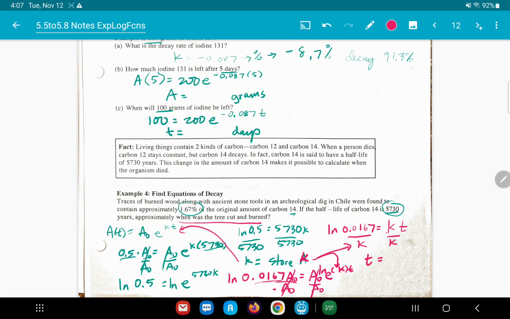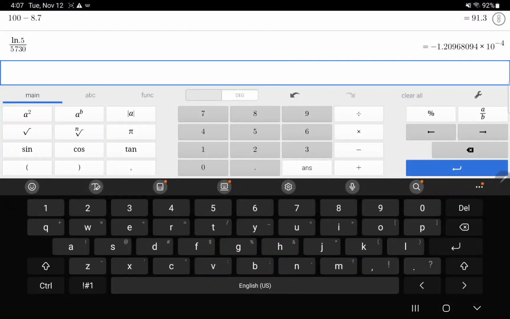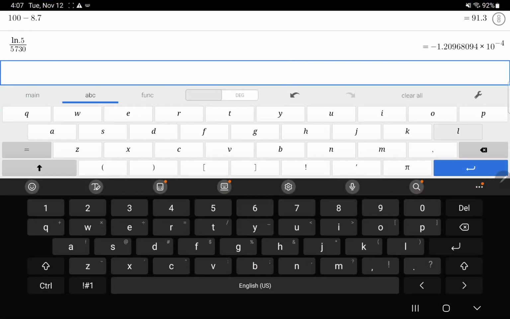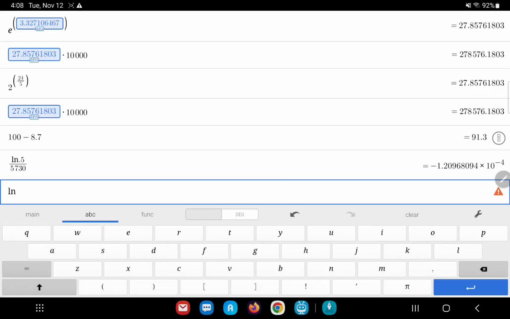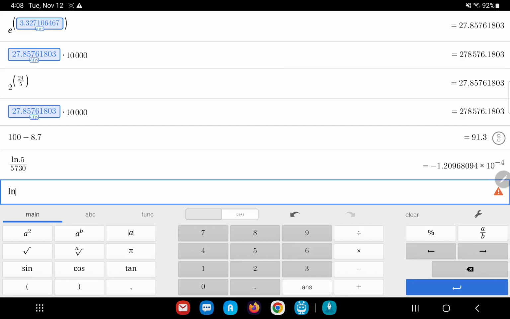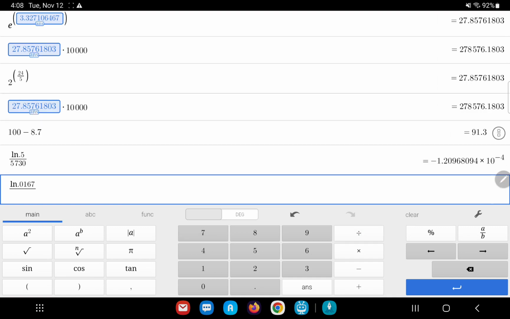Okay, so let's go ahead and do that. We're going to do ln of 0.0167. Let's see here. I'll get this out. And then 0.0167, and that answer is going to be divided by the previous answer that we got.